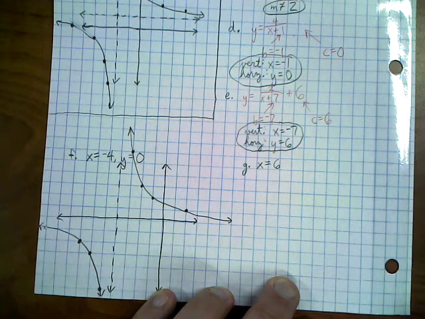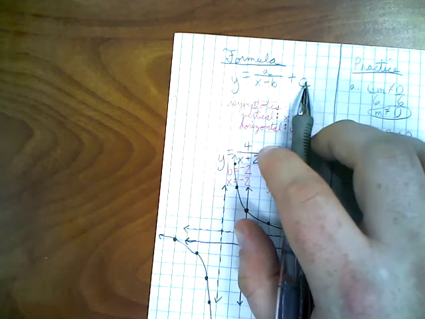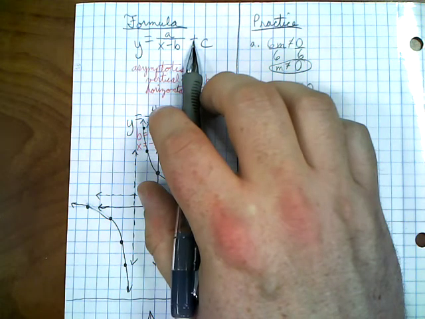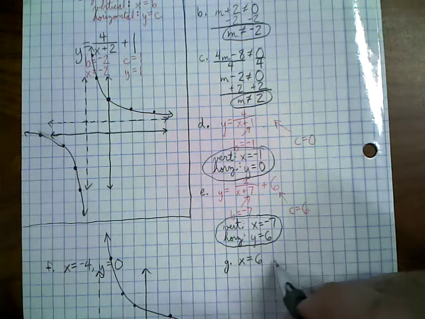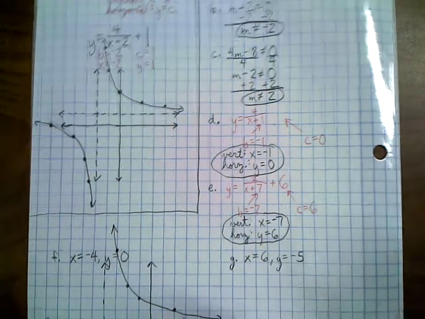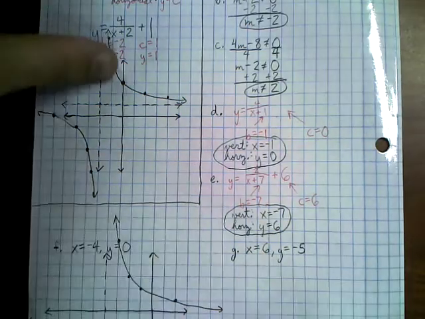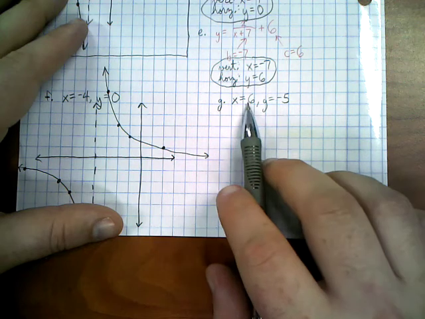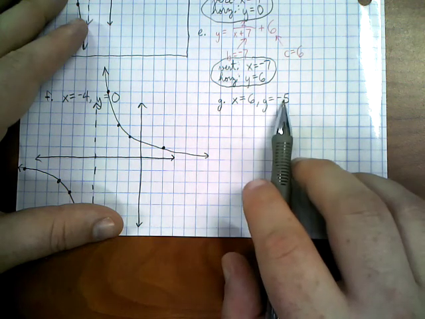And then it says minus 5, but we need to think of this as plus c. So a minus 5 is the same as plus what? Well, plus a negative 5. So my graph here is going to center on x being 6 and y equaling negative 5.